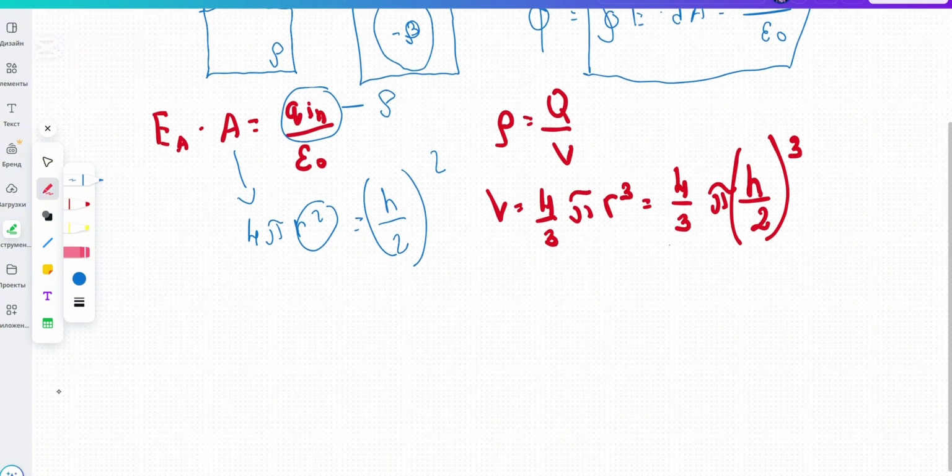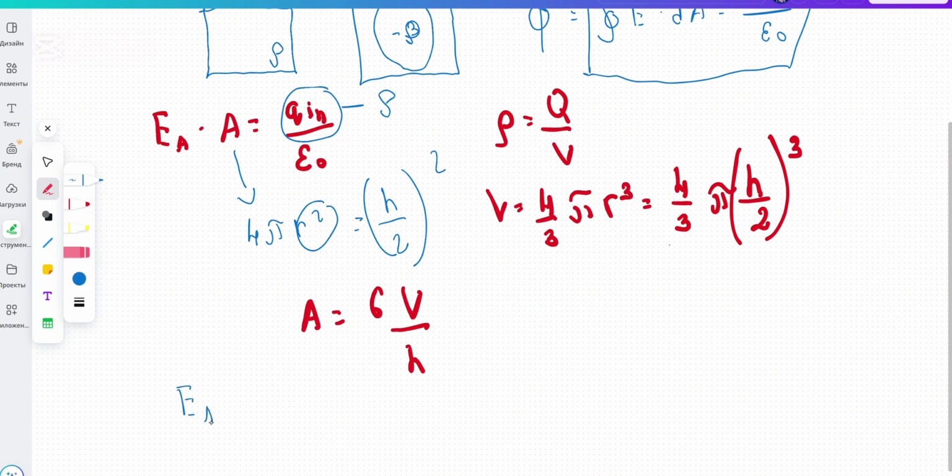So we can write area by volume, like area equals 6 volume over h, by dividing it and finding it.